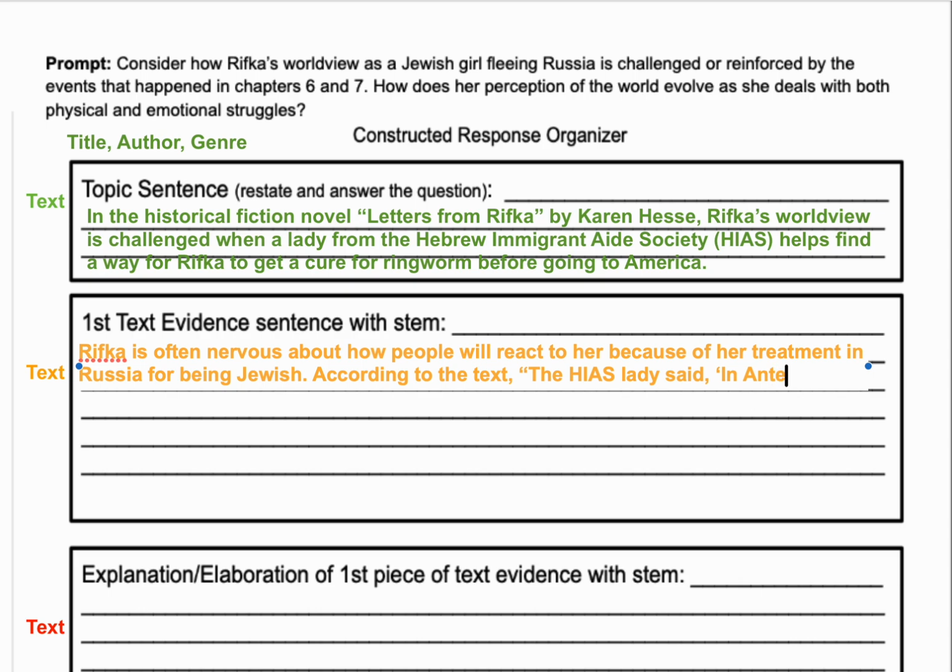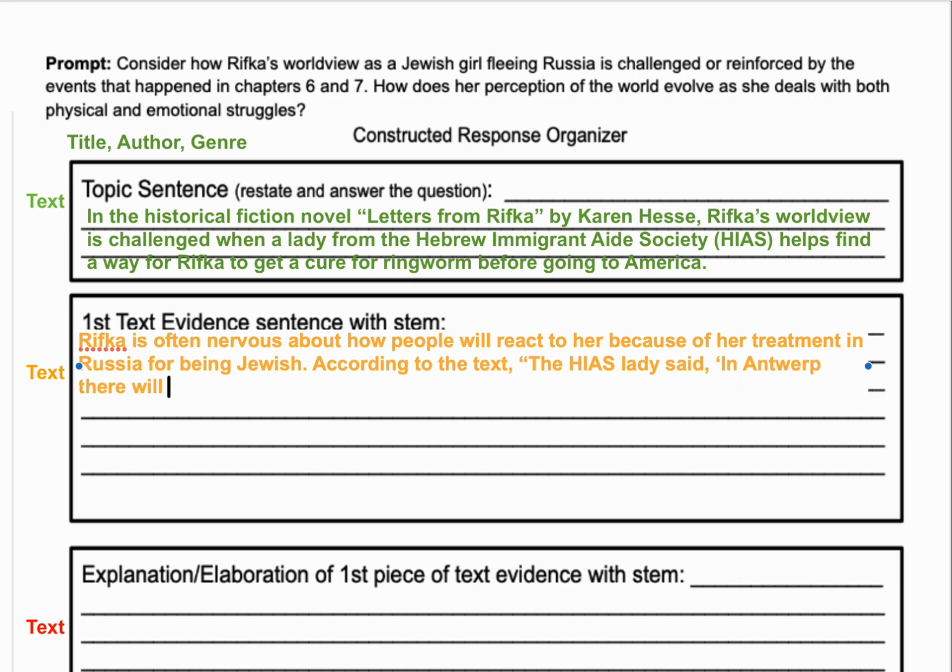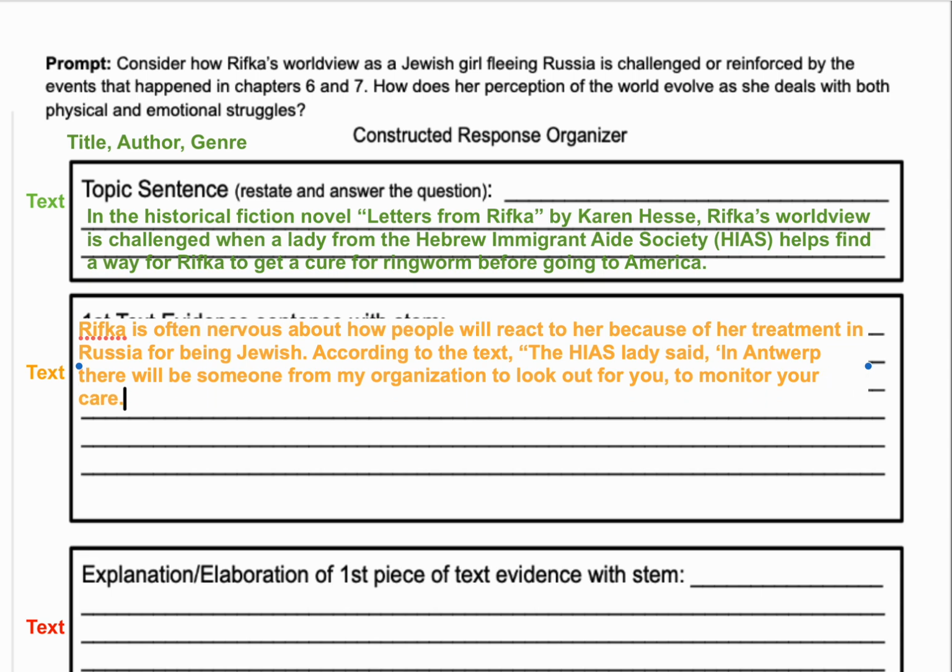In Antwerp, there will be someone from my organization to look out for you, comma, to monitor your care. Period.